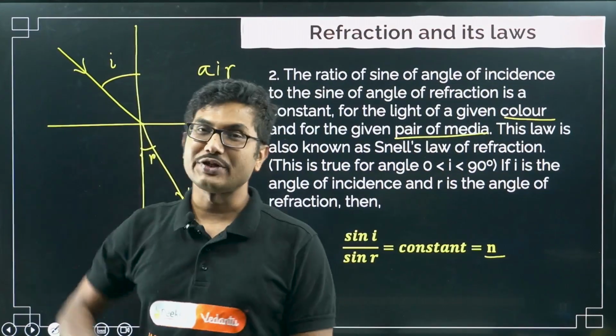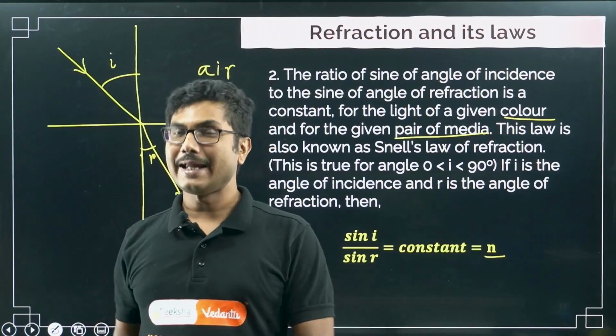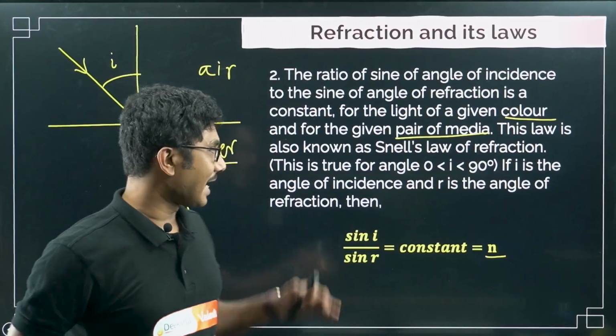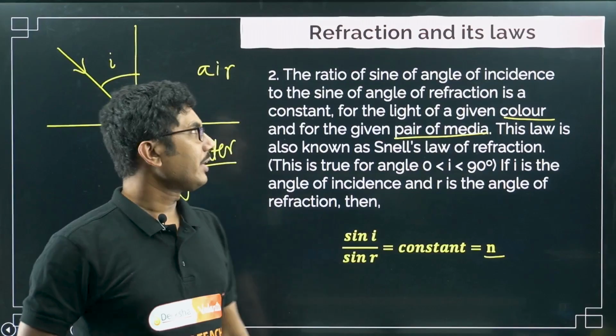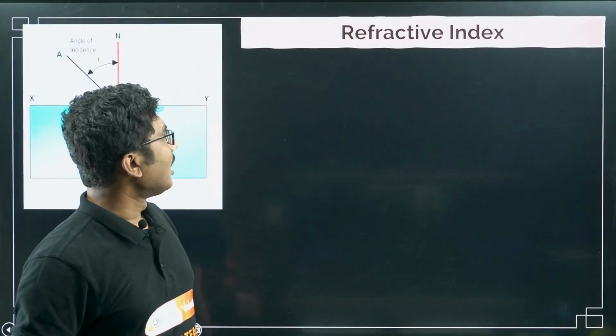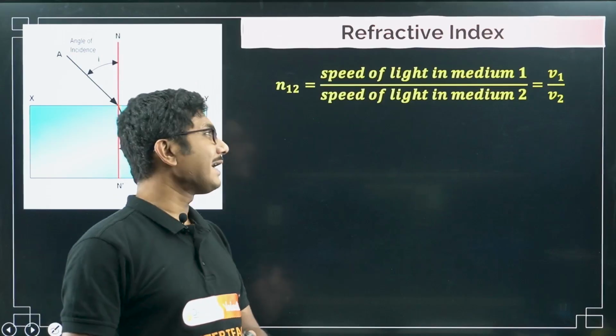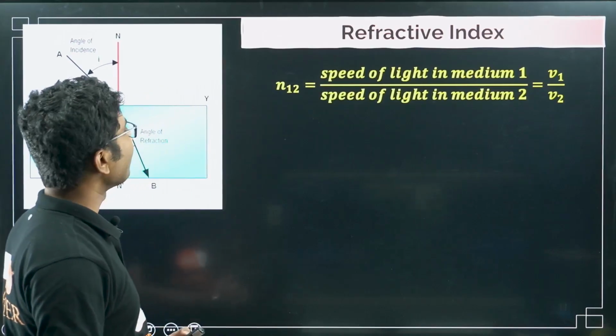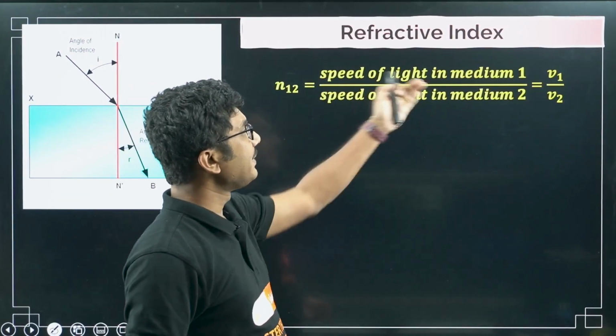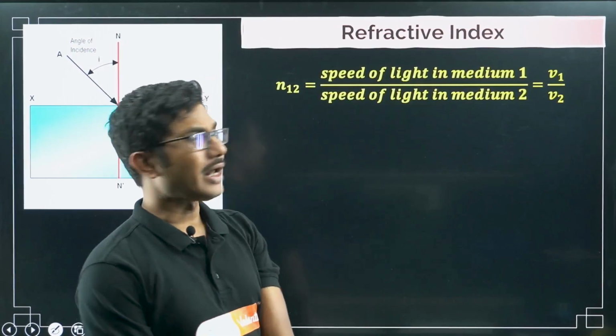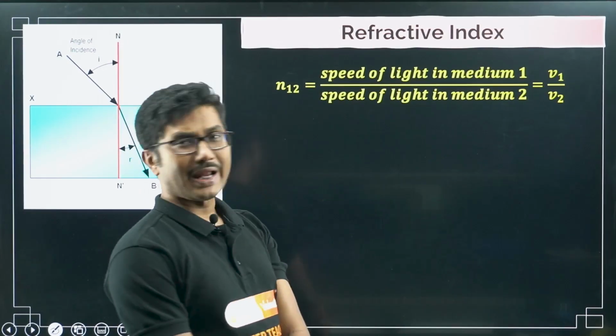And even if you change the angle I, the angle R will change in such a way that sin I by sin R is constant. This sin I by sin R is called the refractive index, and the basic definition of refractive index is given by speed of light in medium 1 divided by speed of light in medium 2.